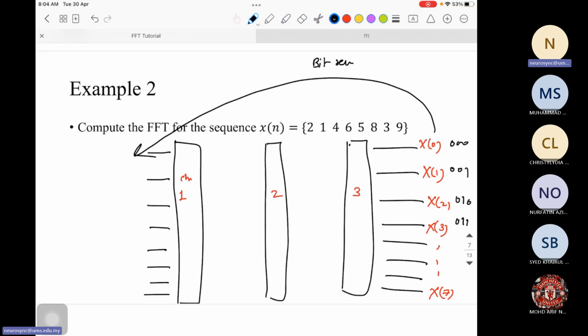Okay. So at the input we know that this is X of 0. If we reverse this bit, 0 0 1 will be 1 0 0. So this is X of 4, correct? This will be X of 2 and this is X of 6.